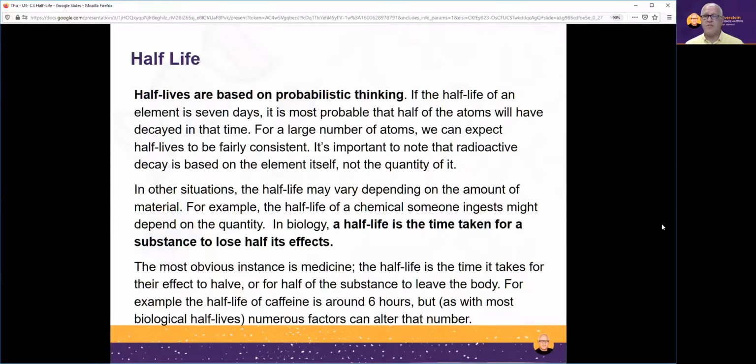Now, the most obvious instance of using half-life is with medicine. That's the time taken for it to have its effect, or for the substance to leave the body. For example, the half-life of caffeine is around 6 hours. But as with most biological half-lives, numerous factors can affect that number.